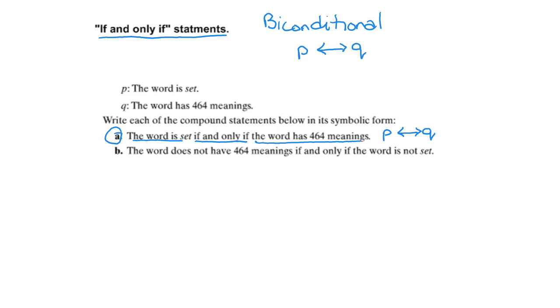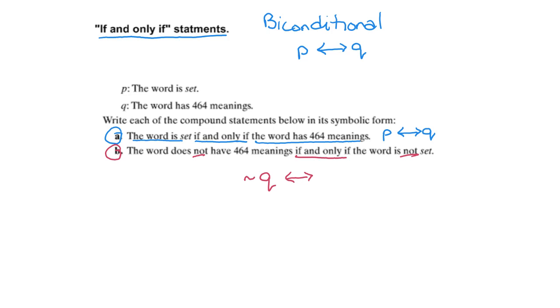The next statement, the word does not have 464 meanings if and only if the word is not set. Goodness, we have some negations going here. So the word does have 464 meanings is Q, but it has the word not in front of it, so it's going to be not Q. If and only if is double arrows.